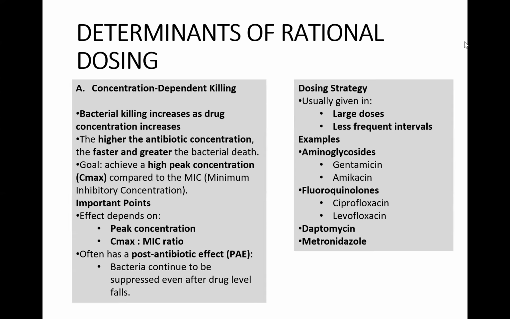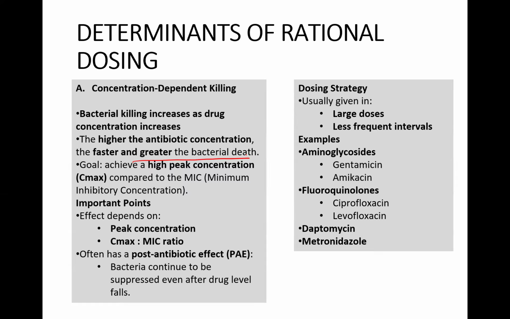Concentration dependent killing means the killing of the bacteria is based on the concentration of the drug. As the concentration of the drug increases, there will be faster and greater bacterial death. The higher the antibiotic concentration, the faster and greater the bacterial death.